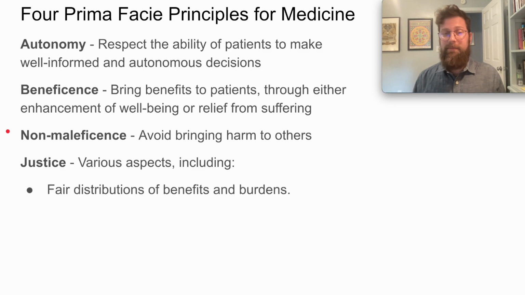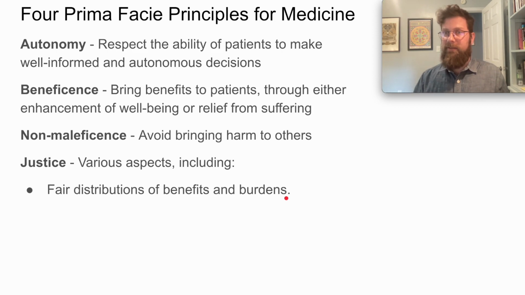So sometimes when we talk about justice, we're talking about fair distributions of benefits and burdens. For instance, this version of justice might say everybody has to pay their fair share when they pay their taxes, but it's also going to mean that everybody in society might be entitled to a certain basic level of quality of life, right?